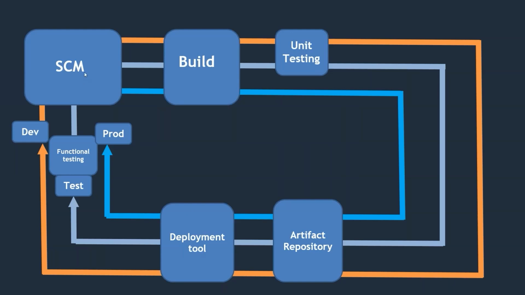So we will create this deployment job as a separate job and make the build job a dependency for the deployment job. Whenever the build is successful, execute the deployment job. This is the major scenario where we use upstream and downstream jobs.